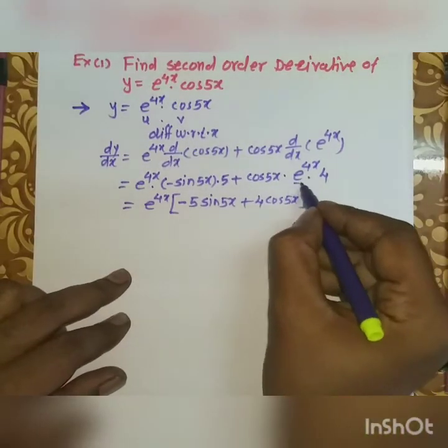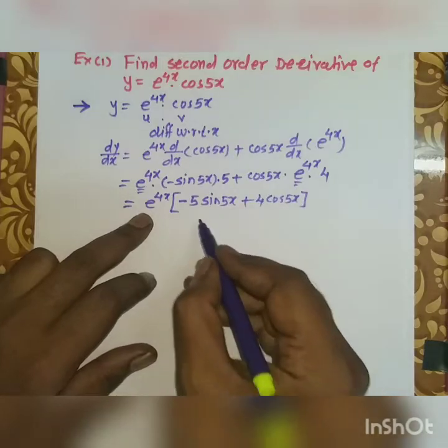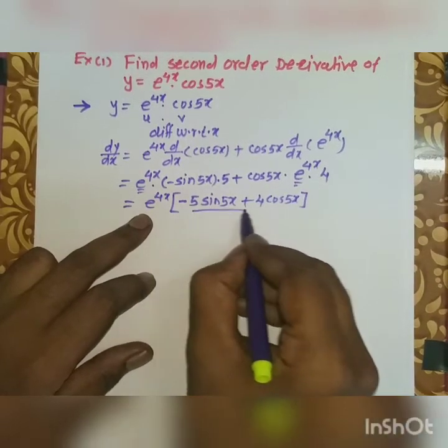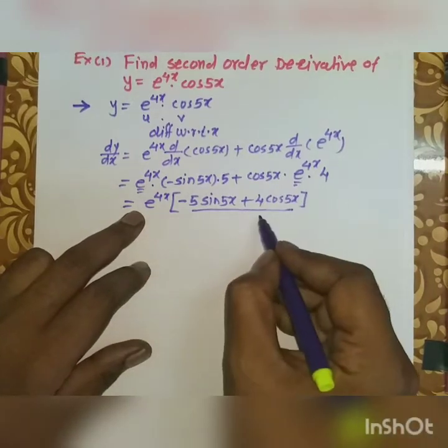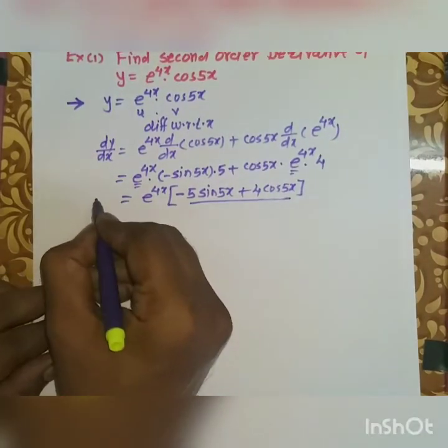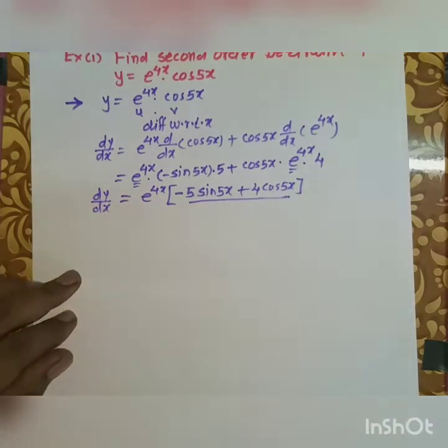In each term e raised to 4x is common, therefore we take it outside the bracket, and the remaining function is trigonometric, while this is the exponential function. We find the first order derivative in this way, which is the final answer.